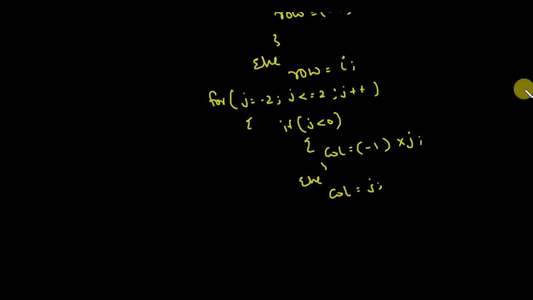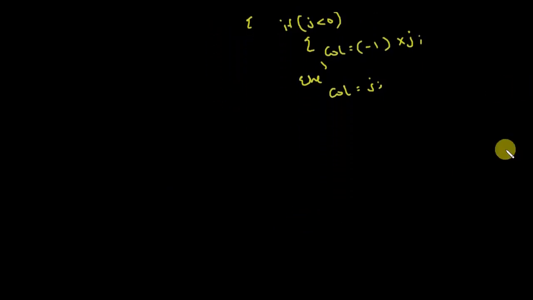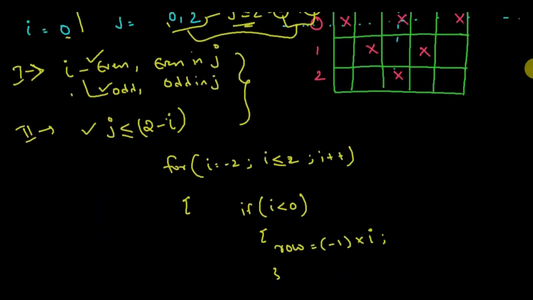Now here we are writing the main condition. What is the main condition? See, if I take the column value, the condition is column value less than or equal to 2 minus row value.